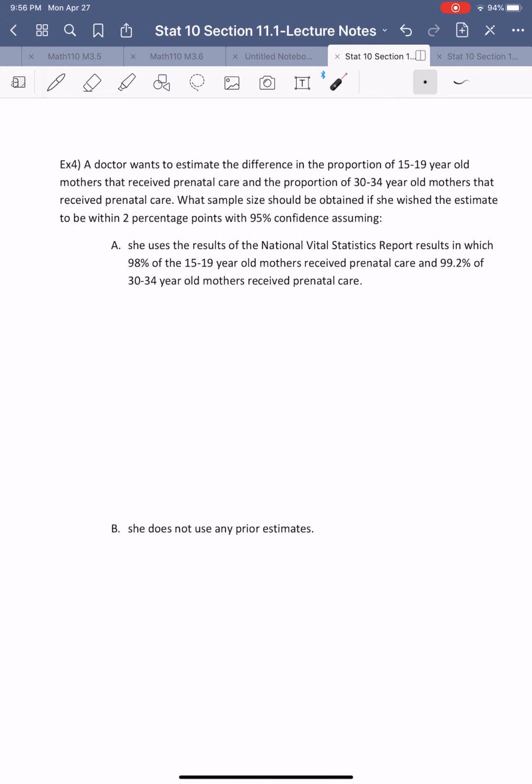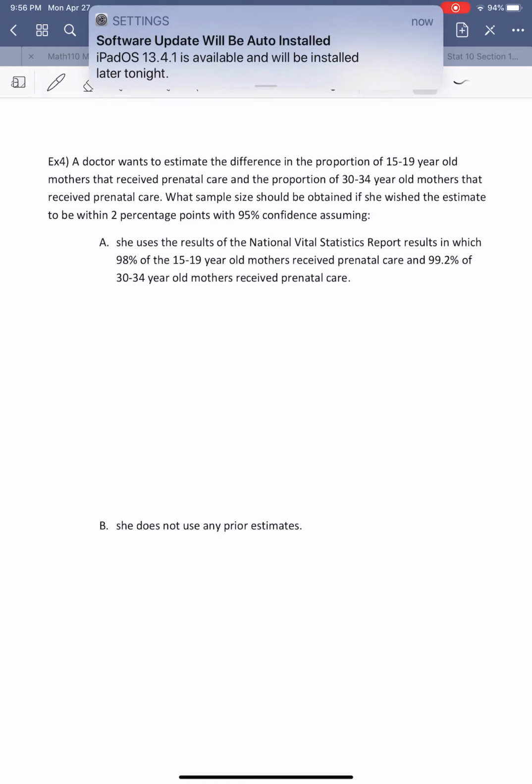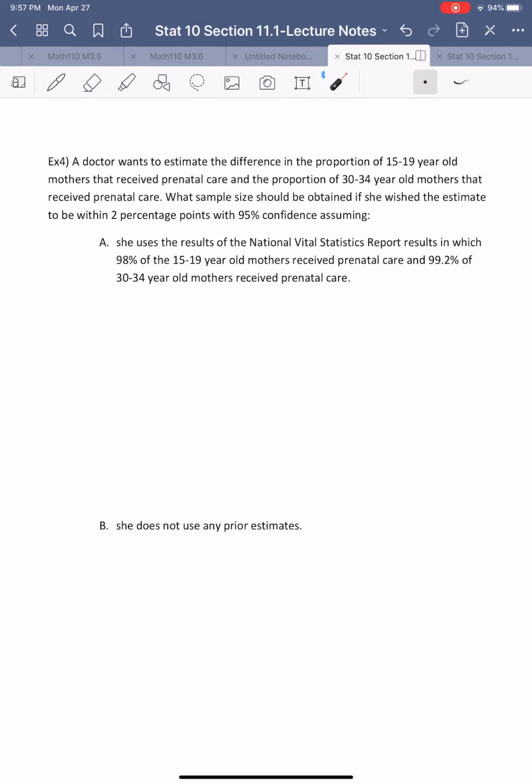A doctor wants to estimate the difference in the proportion of 15 to 19-year-old mothers that received prenatal care and the proportion of 30 to 34-year-old mothers that received prenatal care.